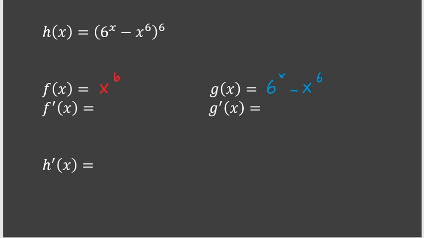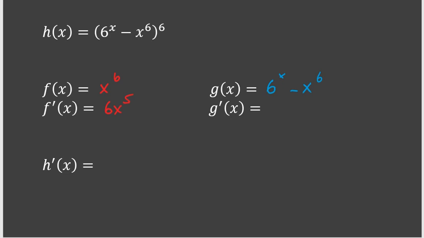Let's find f prime and g prime separately. The derivative of x to the sixth, nice and basic, is 6x to the fifth power. And then finding g prime, again, the derivative of an exponential function with base b is b to the x times the natural log of b.